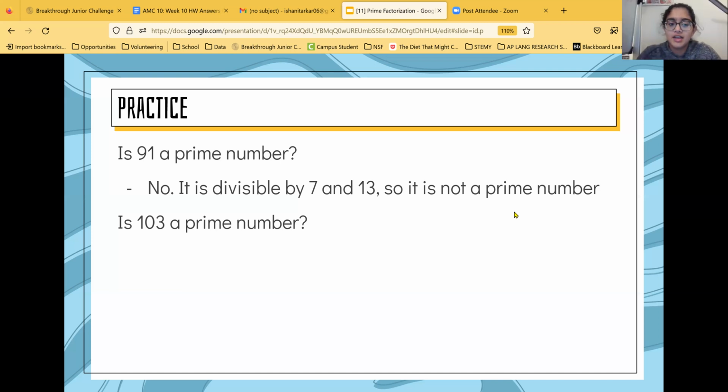You'd have to go through every factor that is less than or equal to the square root of the number.